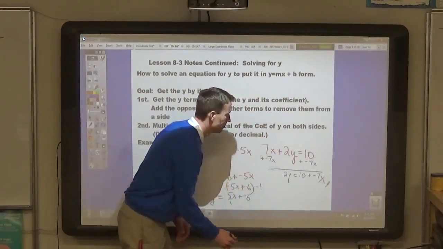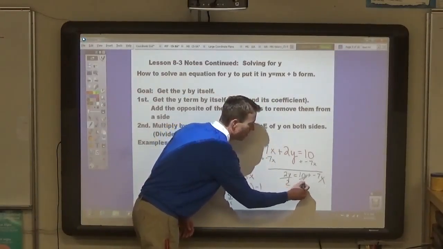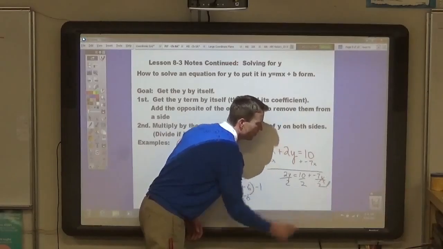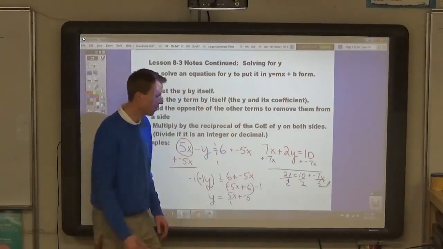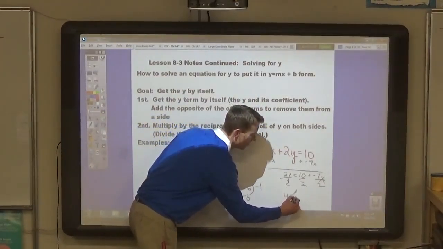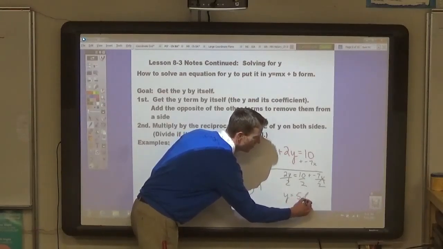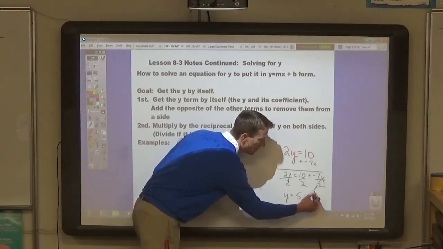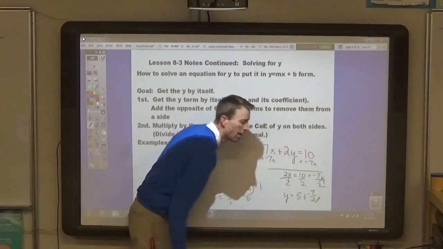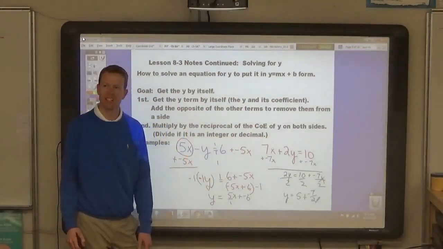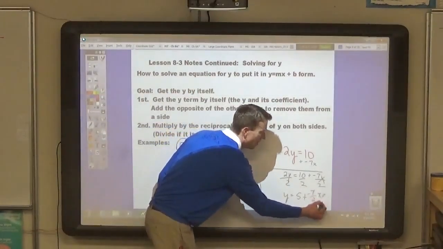And then you divide everything by 2. Divide everything by 2, and you get y equals 5 plus negative 3.5x. Now, let's leave this as negative 7 over 2 x. Doesn't it mean the same thing?